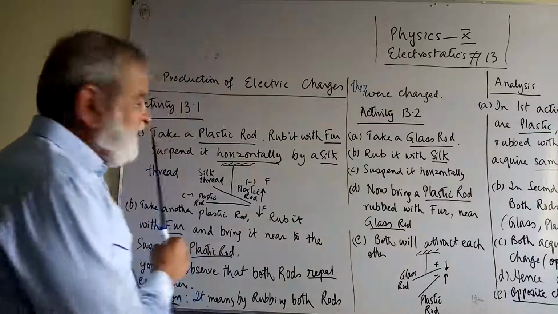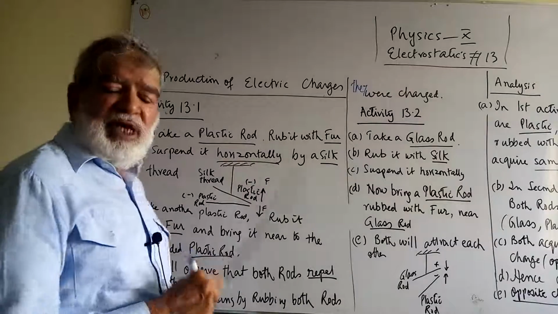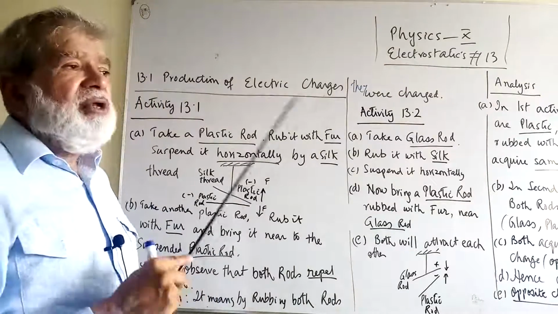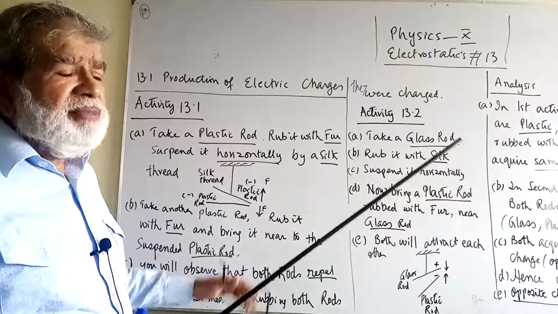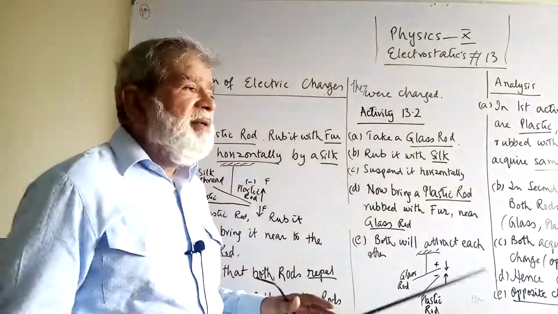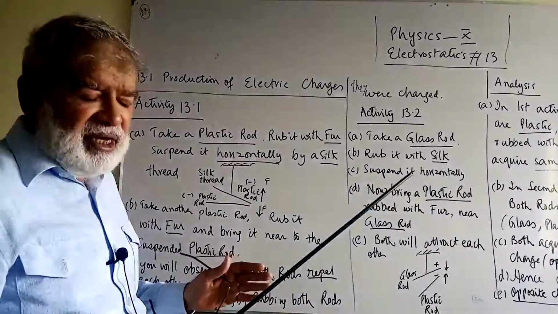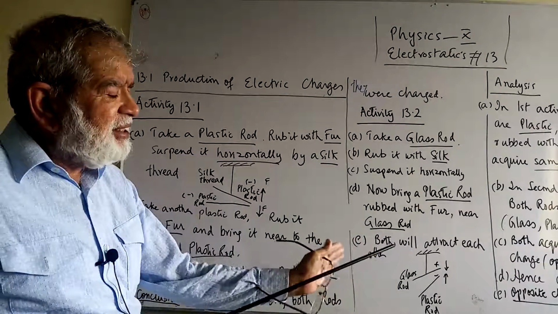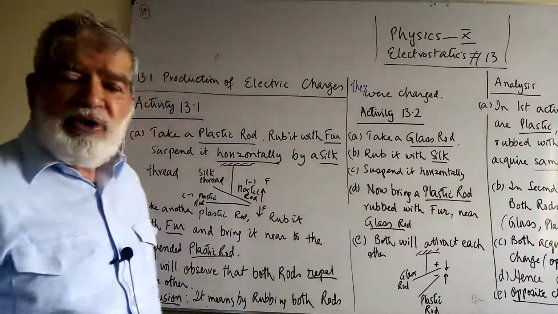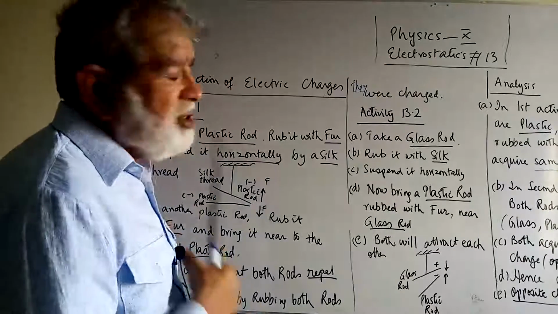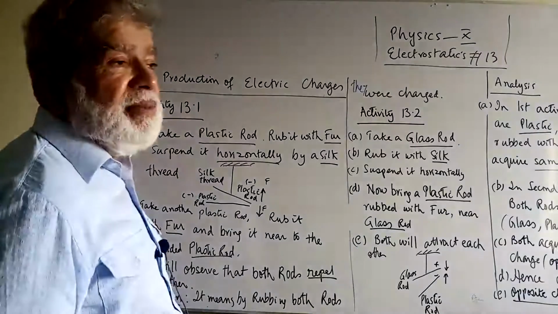So activity 13.1 emphasizes that when you have the same kind of rod and rub it with the same kind of material, then suspend one rod and bring the other towards it, repulsion takes place. One rod goes in this direction, the other in that direction. They go away from each other, because they got charged with the same kind of charge, and because of which repulsion took place.